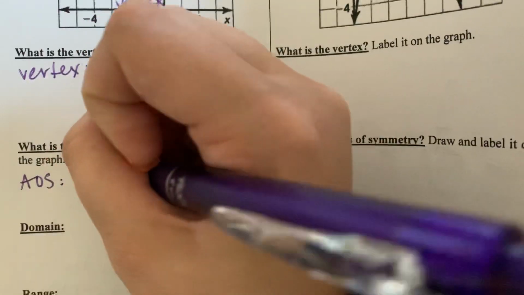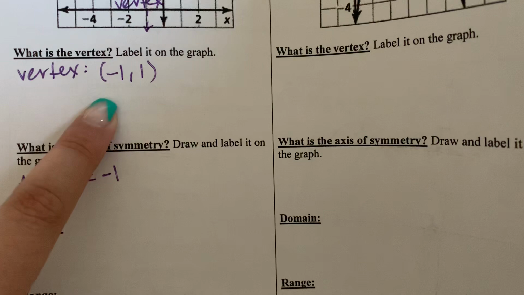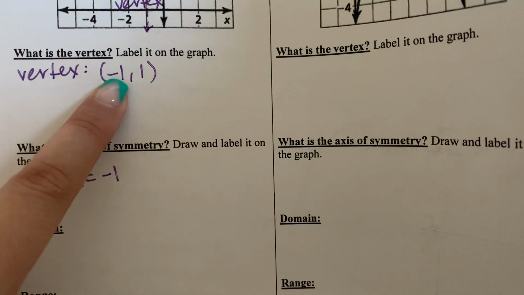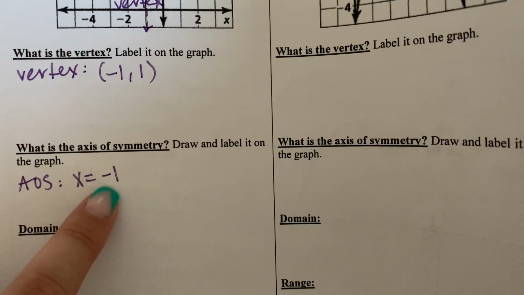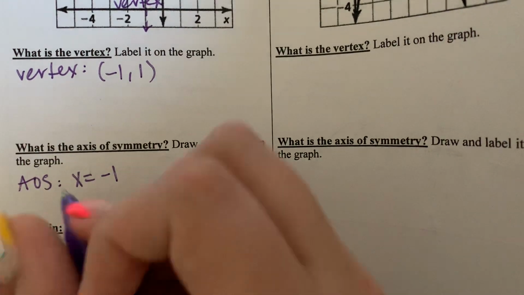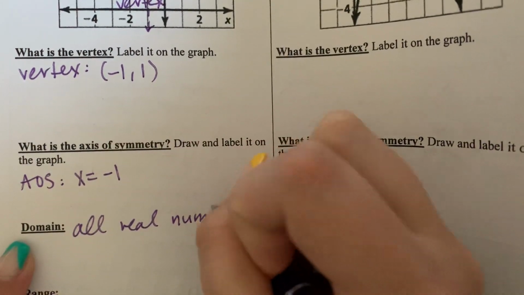And then right down here, axis of symmetry is x equals -1. Notice the axis of symmetry line is also the x value of the vertex. So if you don't have the same x value here and the same number after your equal sign here, something went wrong. Okay, domain is always all real numbers.